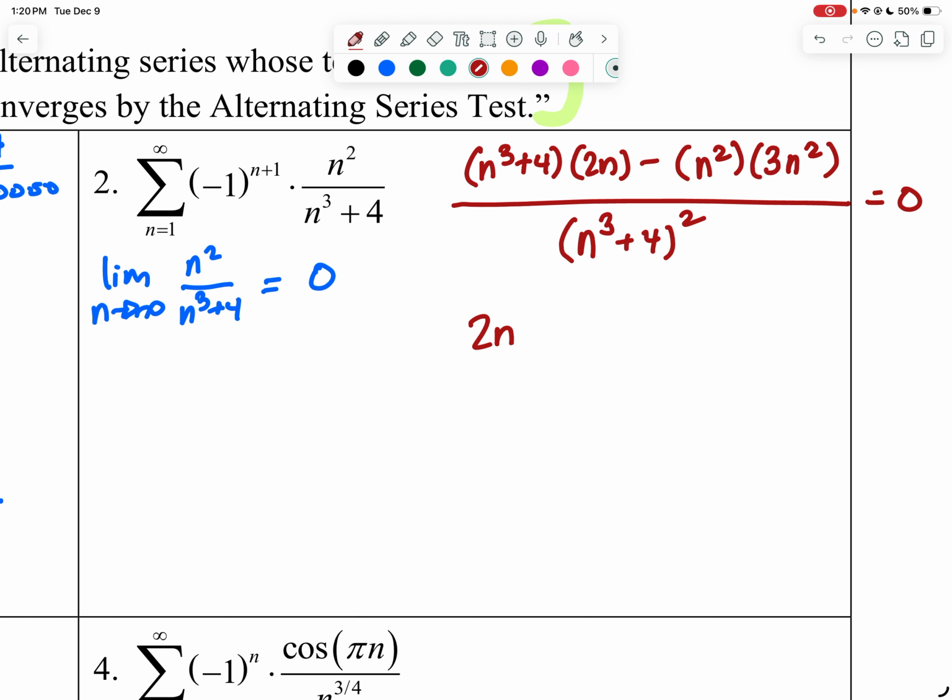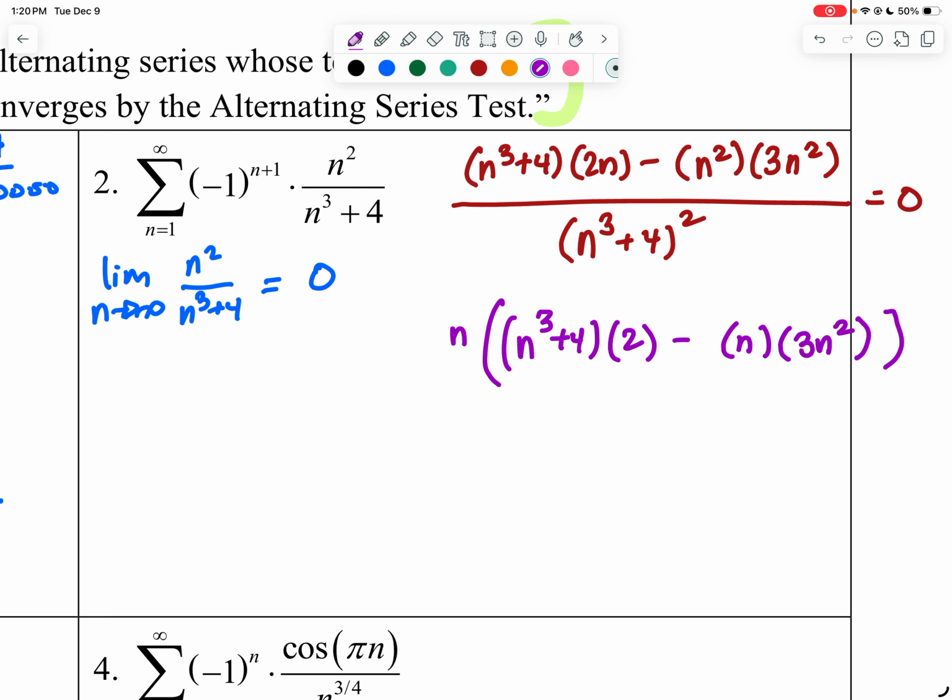So we have 2n to the 4th. Actually, hold up. Before I do that, I'm going to factor out n. n cubed plus 4, n, well, 2 technically, 2 minus n, 3n squared.